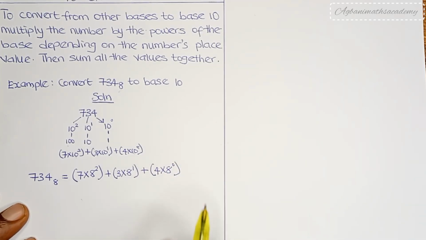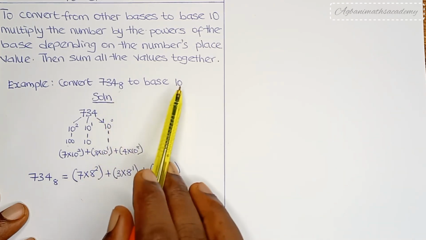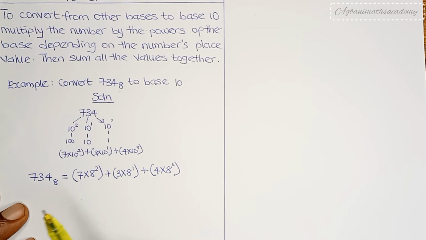As I said earlier, the only difference is instead of having 10 to the power of 2, we are now having 8 to the power of 2, 8 to the power of 1, and 8 to the power of 0, because we are converting from base 8 to base 10. If we were converting from base 4 to base 10, this would be 4 to the power of 2, 4 to the power of 1, and 4 to the power of 0. Very important to take note of that.